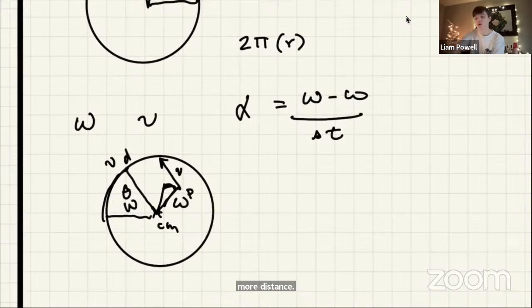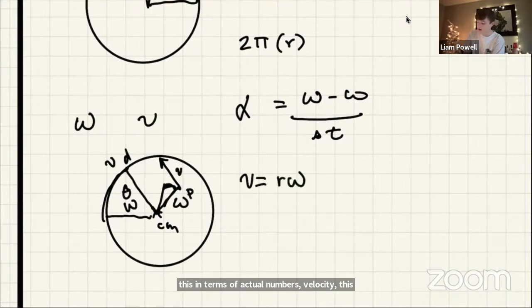So if we want to write this in terms of actual numbers, this velocity is equal to r times omega, the radius times omega. And then the tangential acceleration, which is the acceleration tangent to the circle, is equal to the radius times alpha.